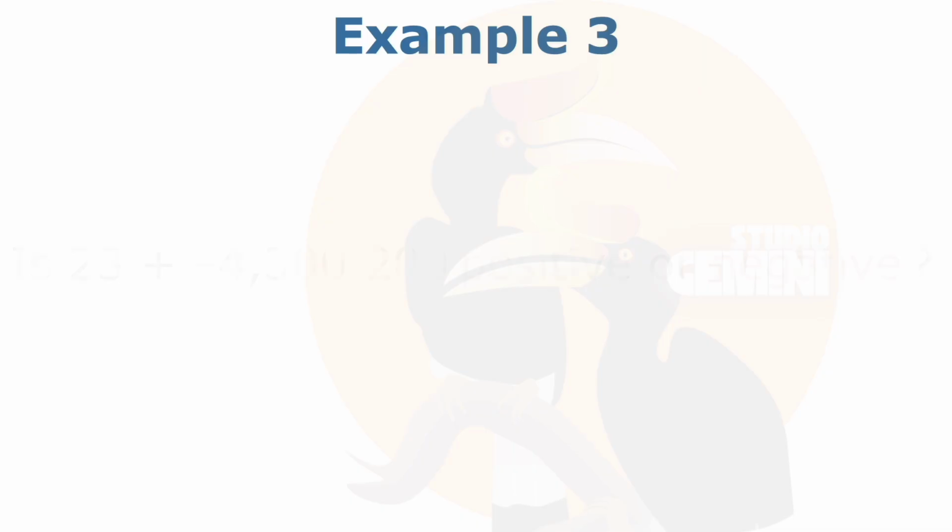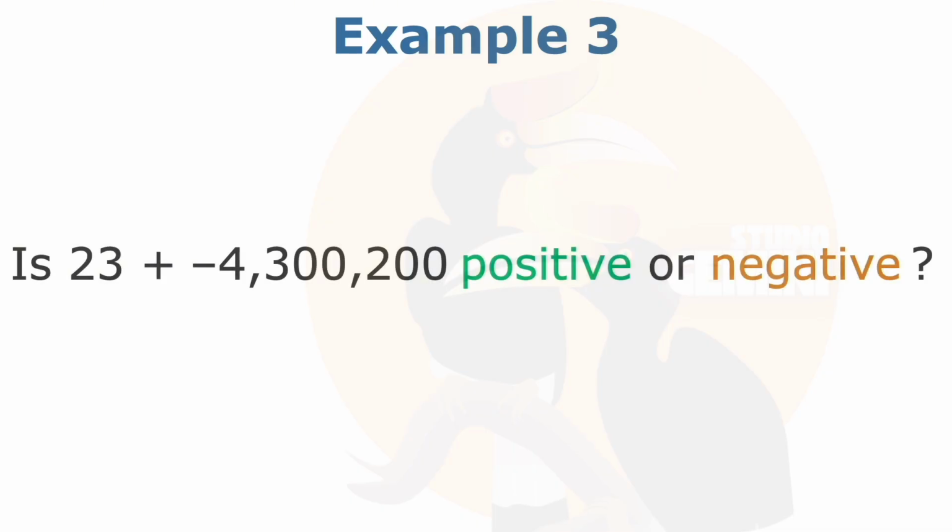For our third problem, we have 23 plus negative 4,300,200. Again, we are adding two integers with different signs. We would take the difference of their absolute values and give the sum the sign of the number with the larger magnitude. Since negative 4,300,200 has a larger magnitude, we know the sum will be negative.